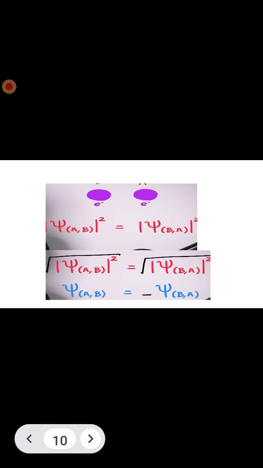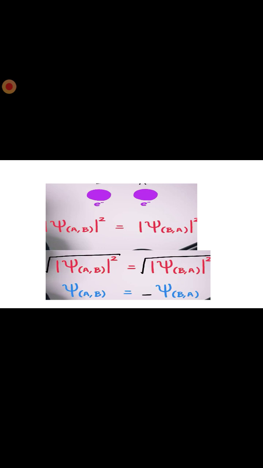So, for electrons, the probability will be the same whether we exchange both the electrons, because they are indistinguishable. That is, psi AB square is equal to psi BA square. Taking the square root on both sides, the solution of this equation will have two solutions, right?